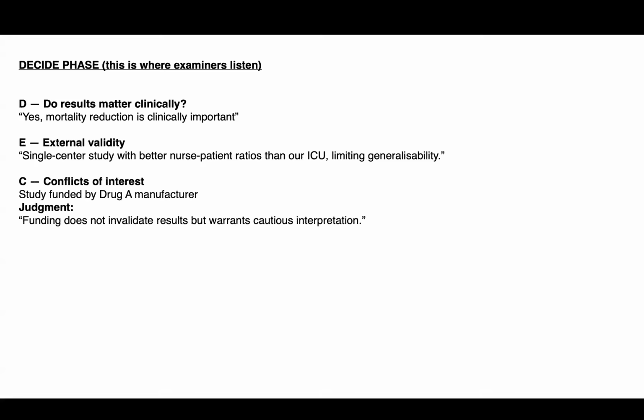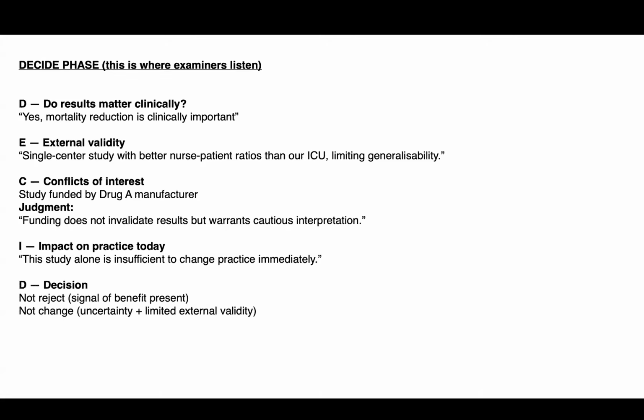Then conflicts of interest. Study funded by drug A manufacturer. So judgment: funding does not invalidate results, but it warrants cautious interpretation because there is a potential for bias. And impact on practice today. This study alone is insufficient to change practice immediately. So that you need to assess based on the true understanding of the study. You need to look into the study's internal validity and make a decision on that.